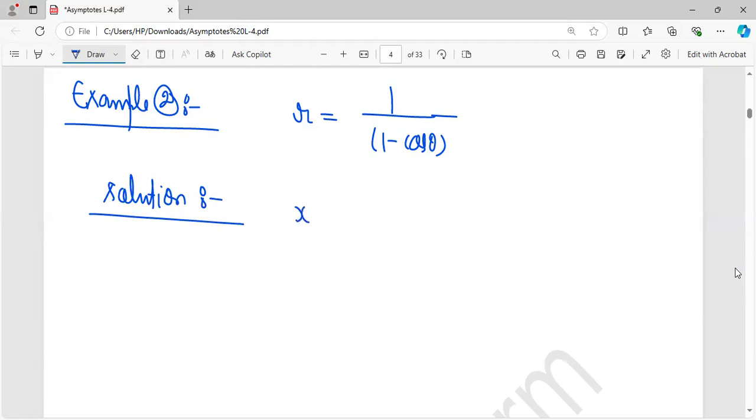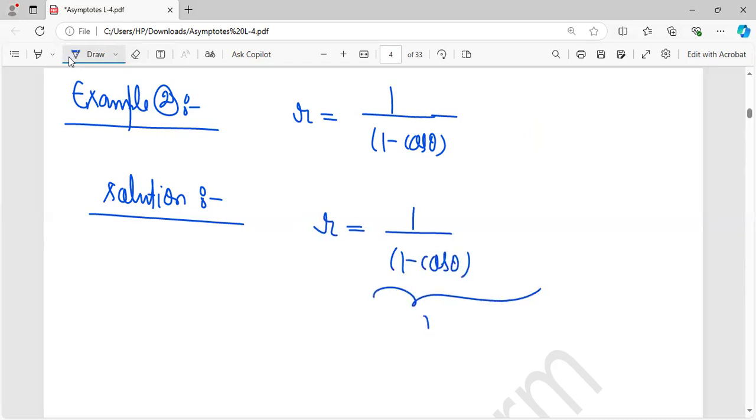What is x? So this is my f theta. r is equal to 1 upon 1 minus cos theta.